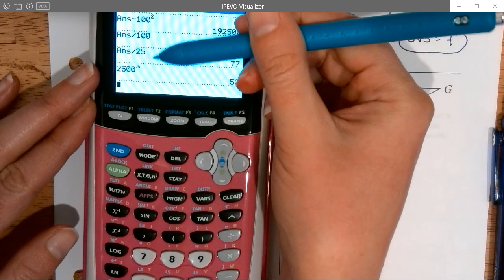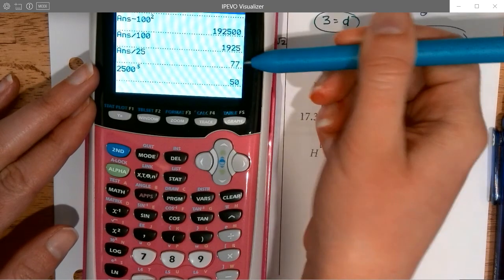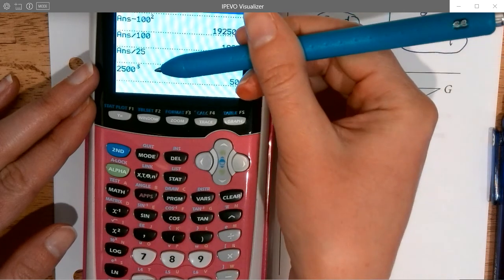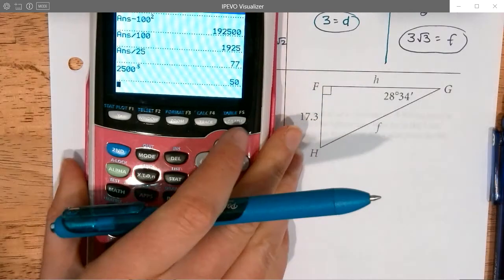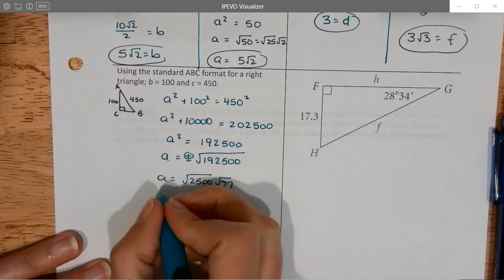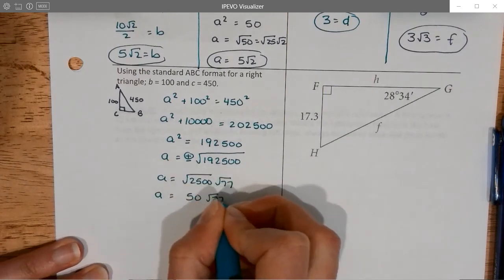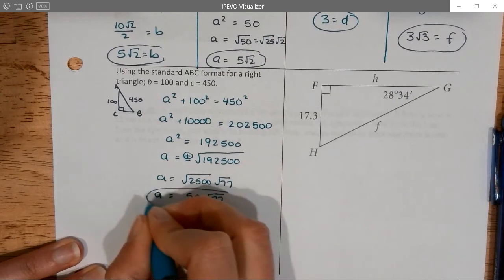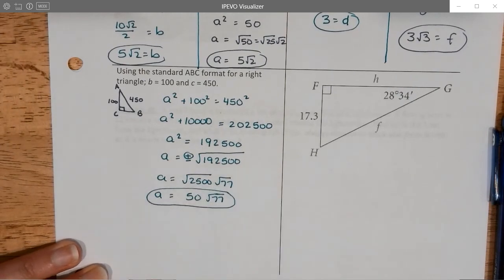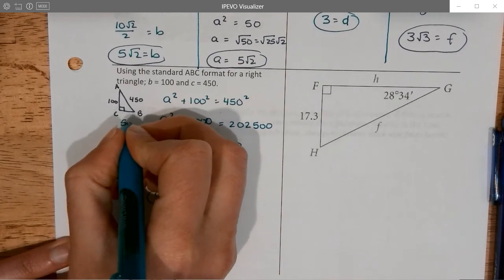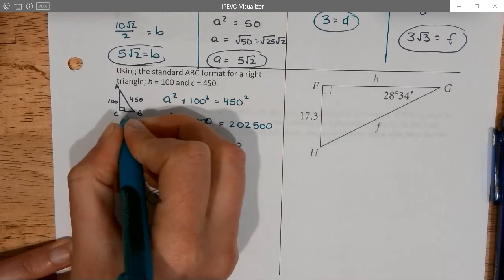That meant that 2,500 went into it 77 times, and then the square root of 2,500 is again 50. So now I'm going to be able to write this as A equals 50 times the square root of 77. Okay, that's length A.